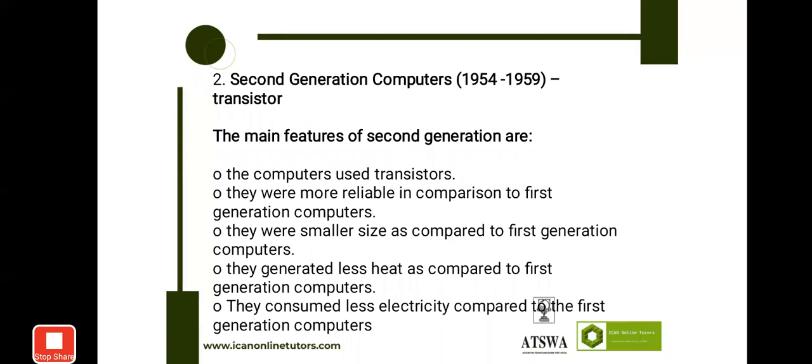They were smaller in size, generated less heat, and consumed less electricity compared to the first generation computers. So all the defects of the first generation computers were worked on to improve, and this led to the second generation computers.